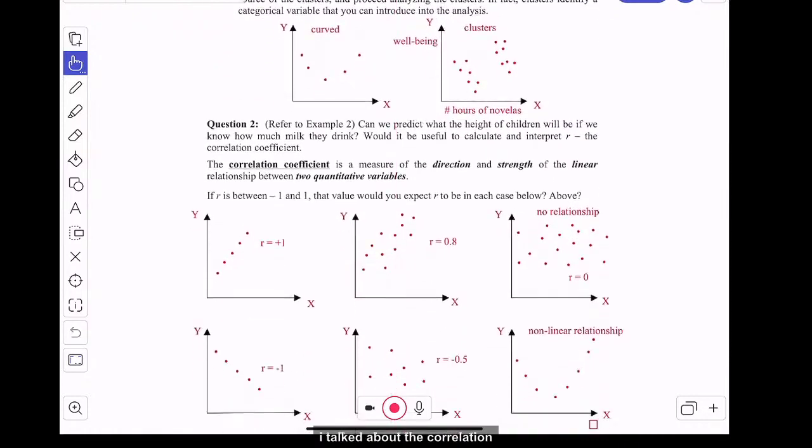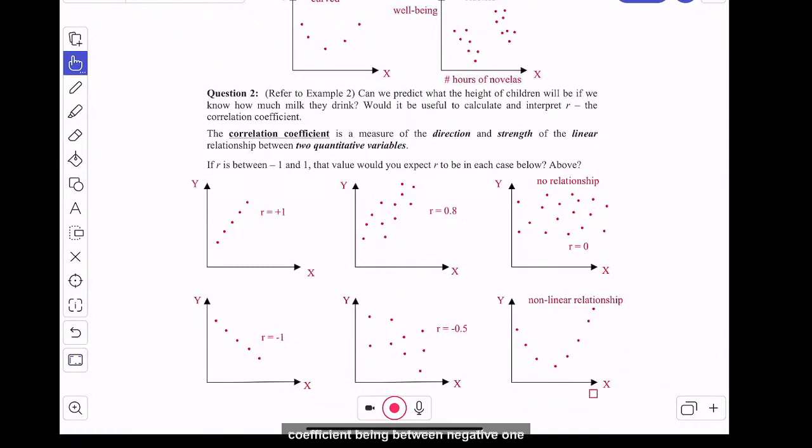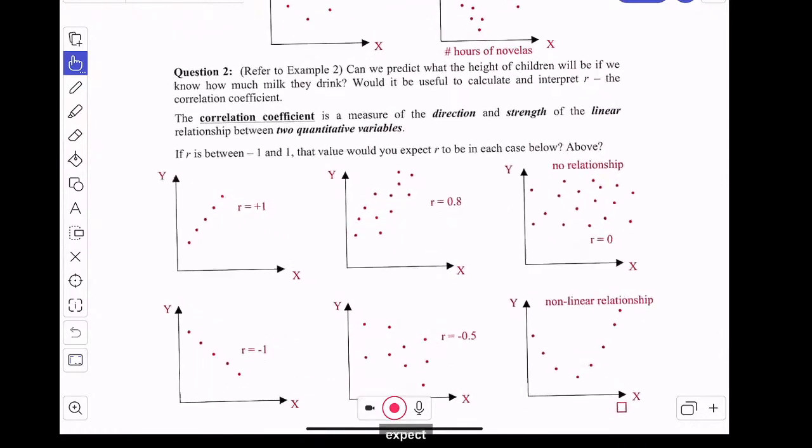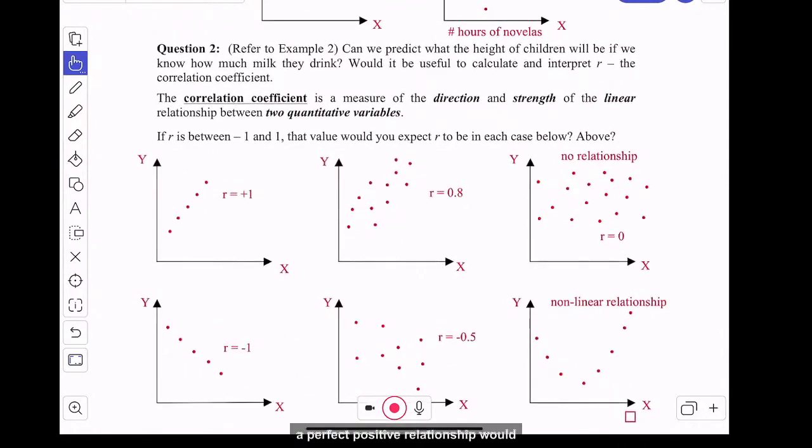I talked about the correlation coefficient being between -1 and +1, and what you would expect. A perfect positive relationship would look like this, and R would be +1. A perfect negative relationship would look like this. So R is a measure of the direction and strength of the linear relationship between two quantitative variables.